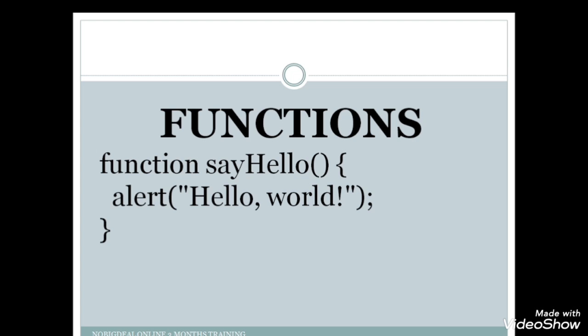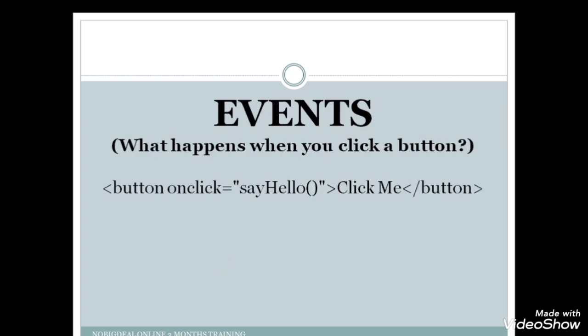It's just like when you give birth, you give the person a name, and you did not call the name and you want it to answer. It won't answer. So you have to call this particular function before it answers. If you want to call it, you just write sayHello with open and close brackets under the curly brace. It will display alert Hello World.